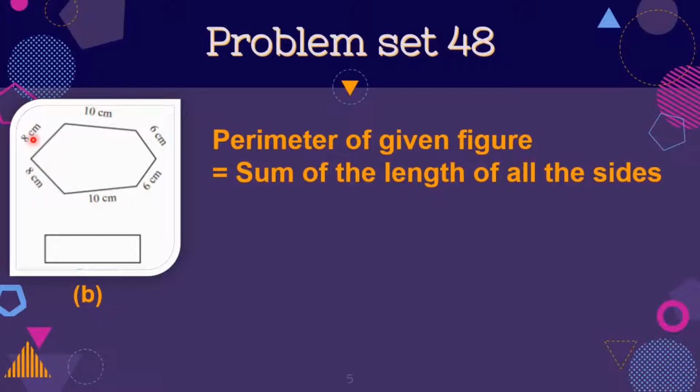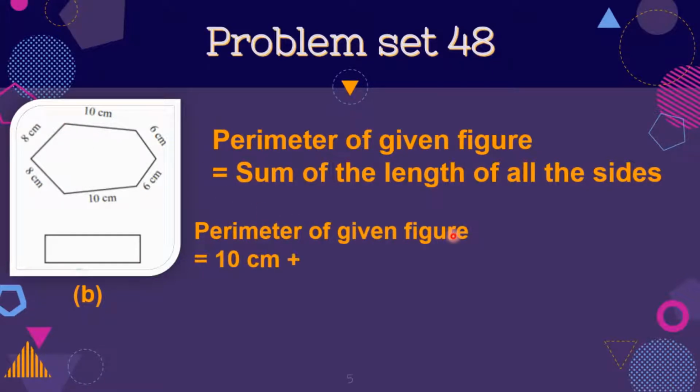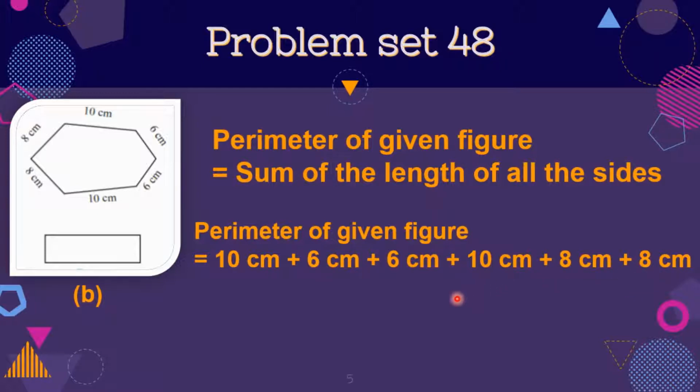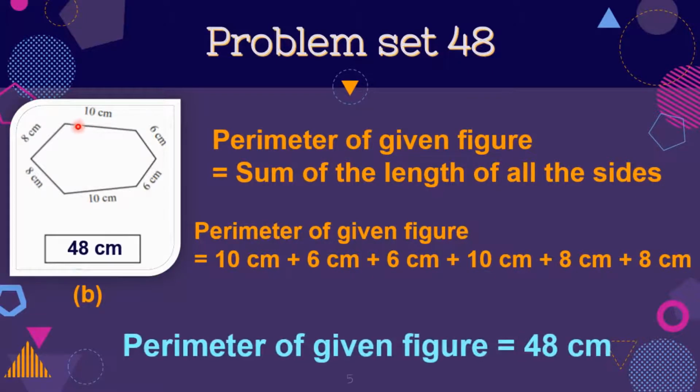So, let us add the length of all the sides of this figure to get its perimeter. So we write perimeter of given figure is equal to 10 centimeter plus 6 centimeter plus 6 centimeter plus 10 centimeter plus 8 centimeter plus 8 centimeter. So after adding length of all the sides of the given figure, we get the perimeter of given figure is 48 centimeter.